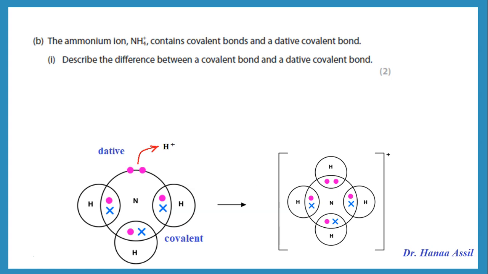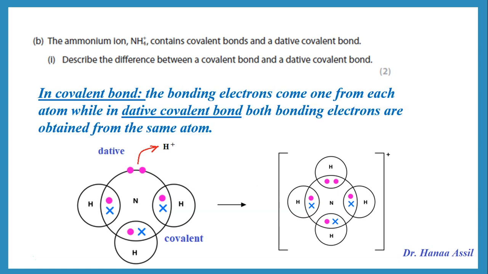So both electrons being shared for that bond are coming from the nitrogen. So remember that in a covalent bond, the bonding electrons come 1 from each atom, 1 from nitrogen, 1 from hydrogen, while in a dative covalent bond, both electrons are obtained from the same atom.